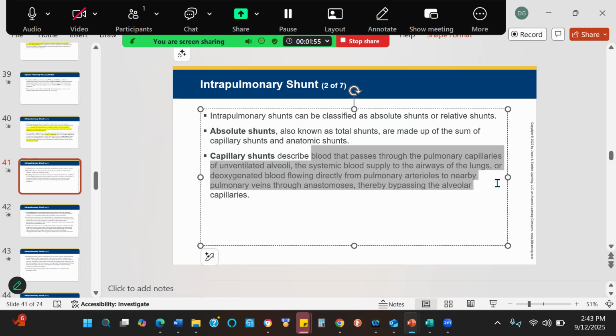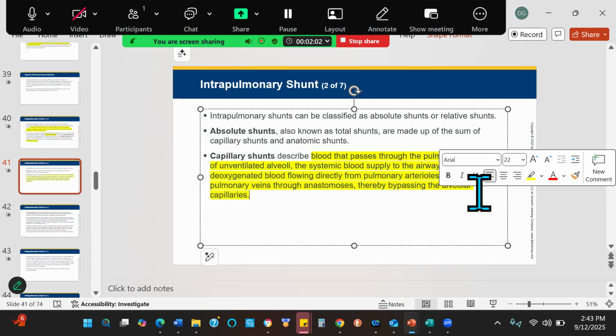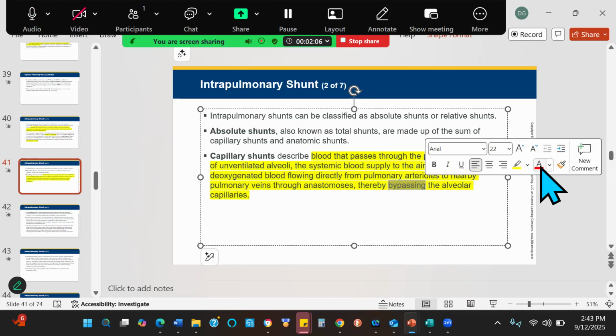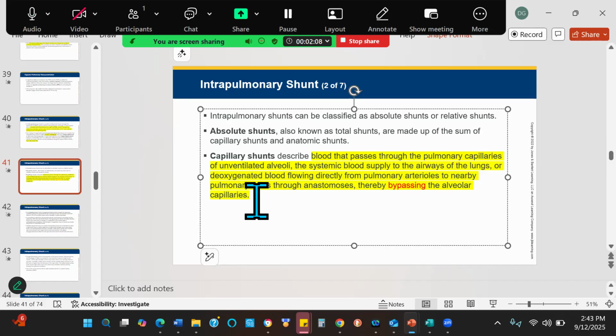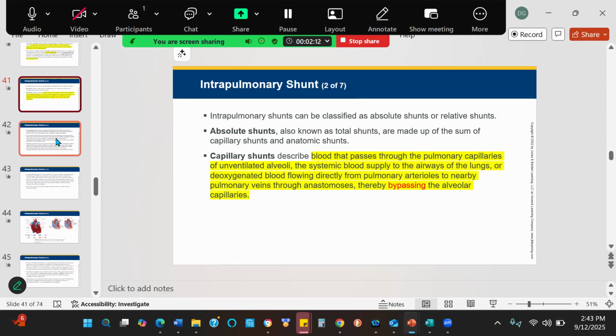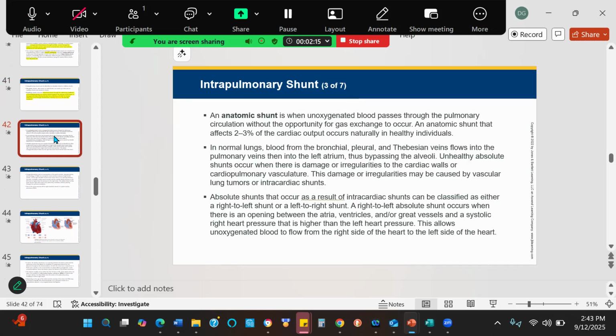Those are connections between vessels. So they bypass. That's probably the word to highlight for you: shunt bypasses the mechanism for picking up oxygen. So there will always be about 5% of that. It's not a perfect system.